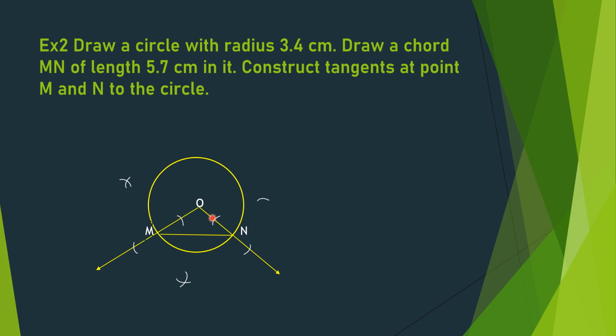From these two arcs also with the same distance you can draw two intersecting arcs. Then join these two intersection points, you will get the required tangent. So these are two tangents at points M and N respectively to the circle.